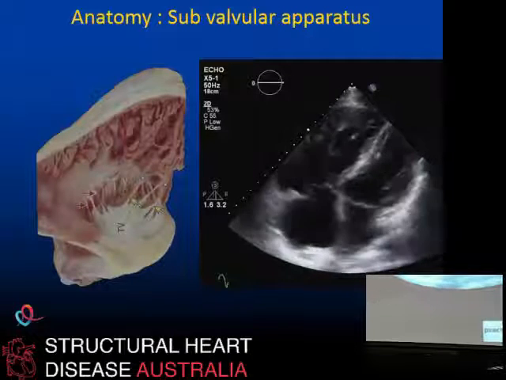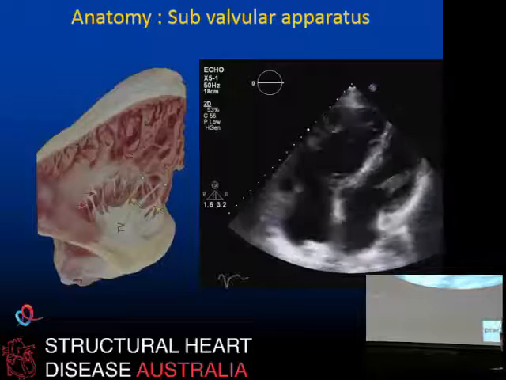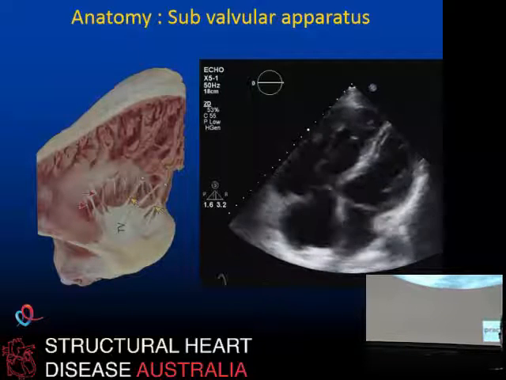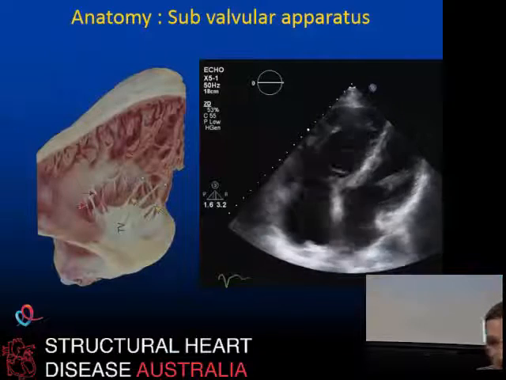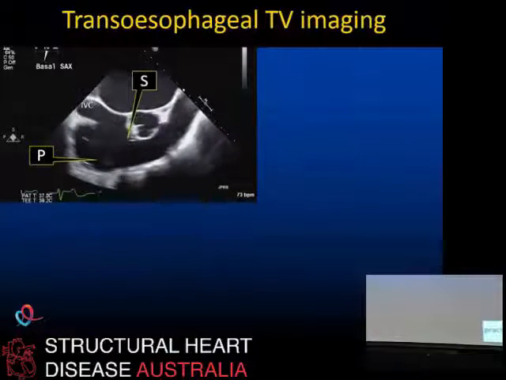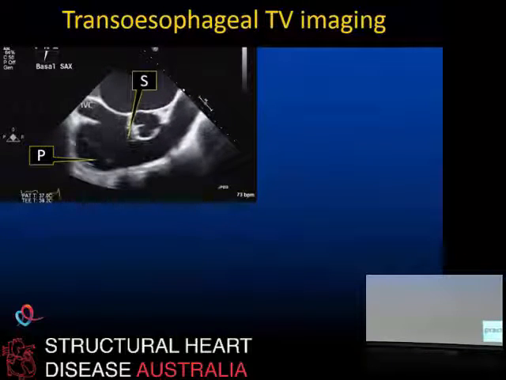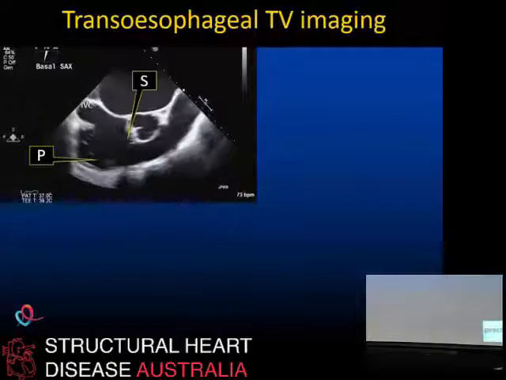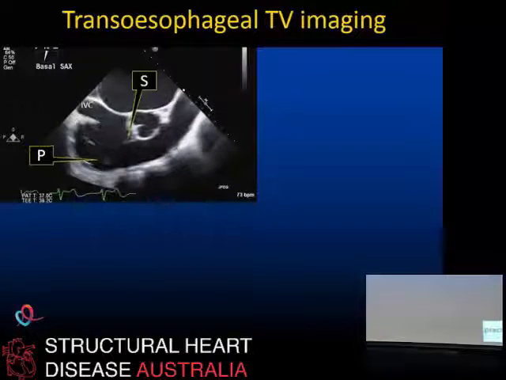Transesophageal imaging is particularly useful in examination of the tricuspid valve for determination of specific etiologies of tricuspid valve dysfunction. Incremental information about the tricuspid valve can be obtained from transesophageal imaging, but its value is not quite as great as we see with the mitral valve.